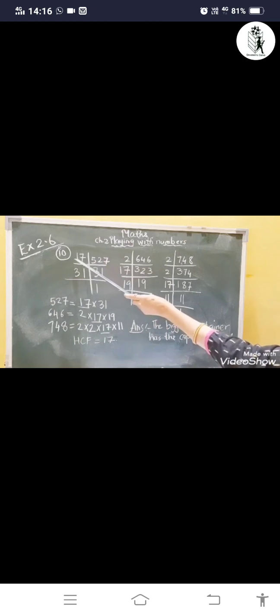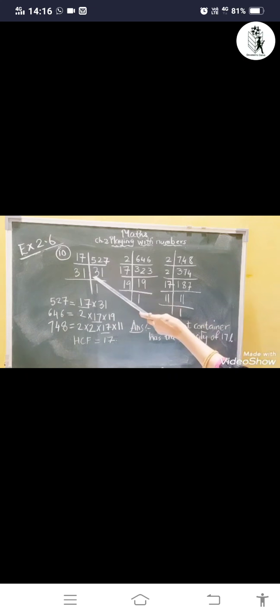527: it is not divisible by 2, 3, 5, 7, 11, 13. When you go on trying all the prime numbers, you will come directly to the prime number 17. It is directly divisible by 17: 17 times 3 is 51, 1 remains. So it becomes 17 and 31, because 31 is a prime number.